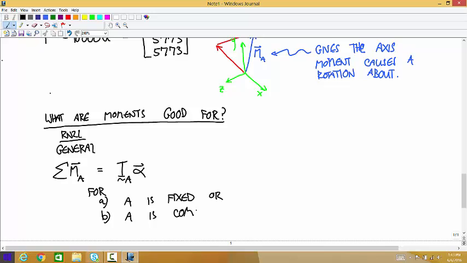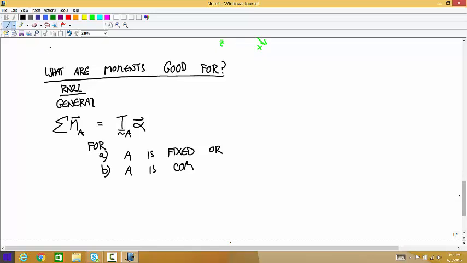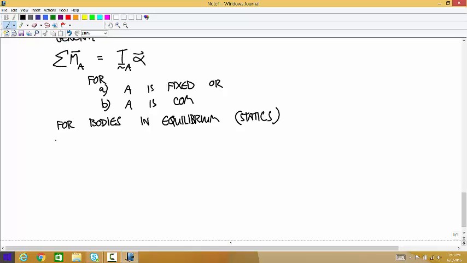Okay, that's the general form, and it's sort of complicated. You have to choose the right about point and whatever. For bodies in equilibrium, it's simplified considerably. The rotational version of Newton's second law says this. Add up all the moments about a point A. It's equal to 0.